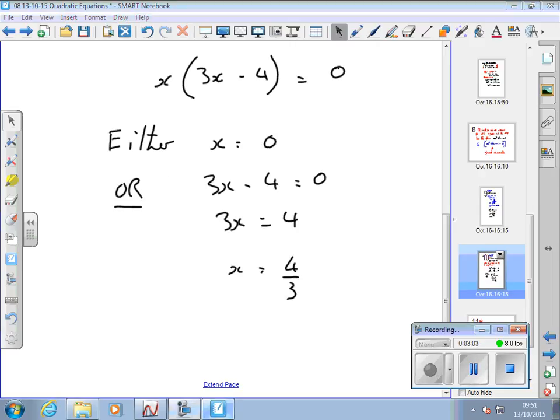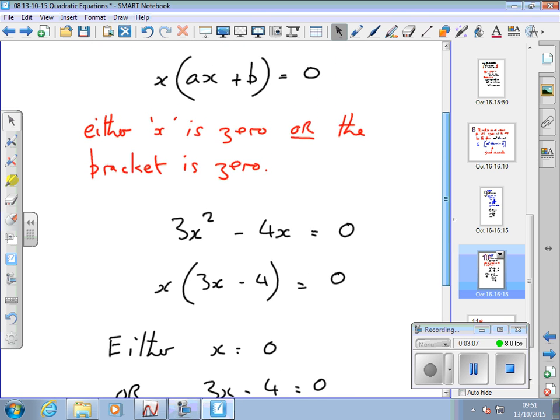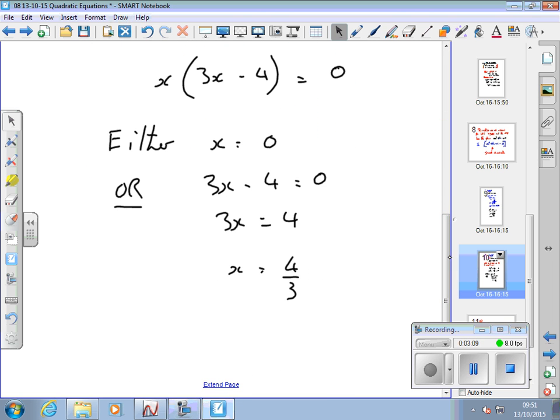So this will always work. If I've got a situation where c equals 0, one of the values of x is always going to be 0.